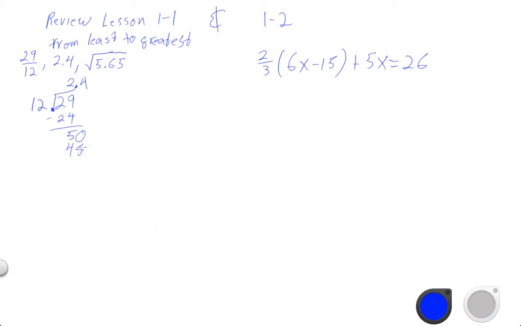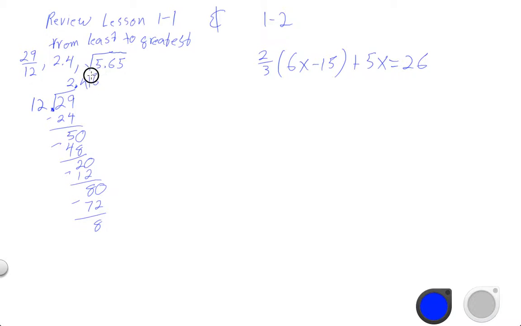That's 48, which gives me a 2. Bring down another 0. 12 goes into 20 1 time. That's 12, minus equals 8. 80. 12 goes into 80 6 times. That gives me 72. That gives me another 8.